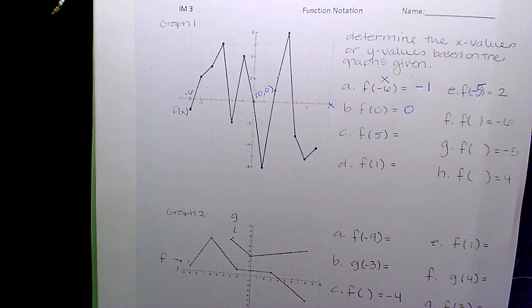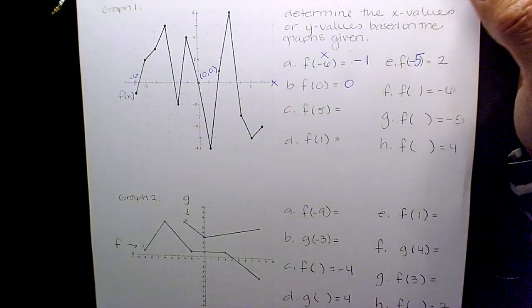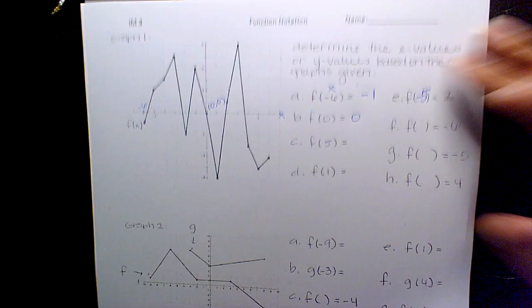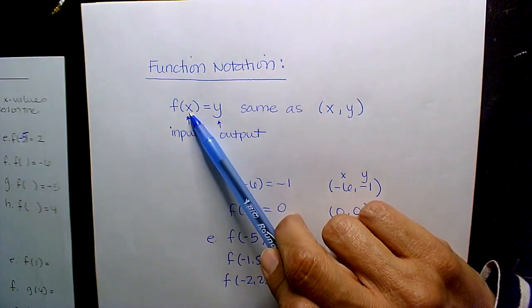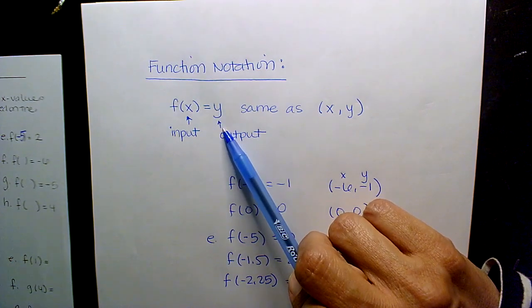It could be any point that is at that 2. Okay, you just have to find the correlating x value. So this little exercise between these two, it's just, can you follow along with the function? Can you guys identify the x and the y, the input and the output? And remember, x is inside the parentheses, that's your input. Y is the outside after the equal sign, that's your output.